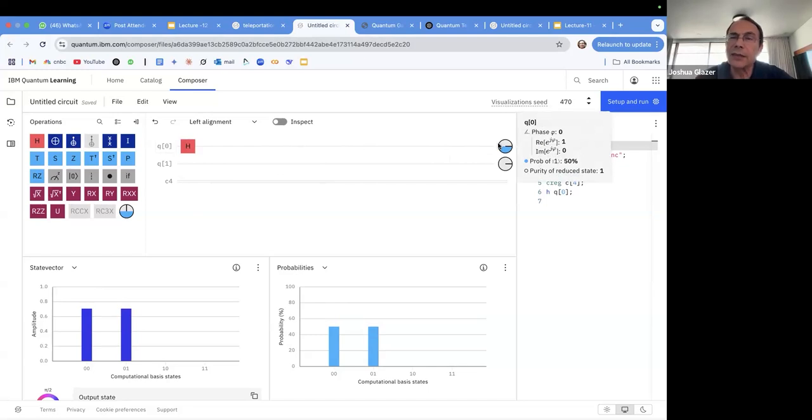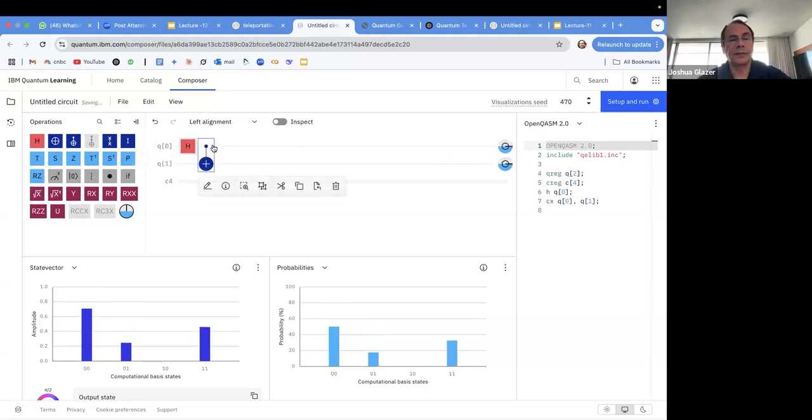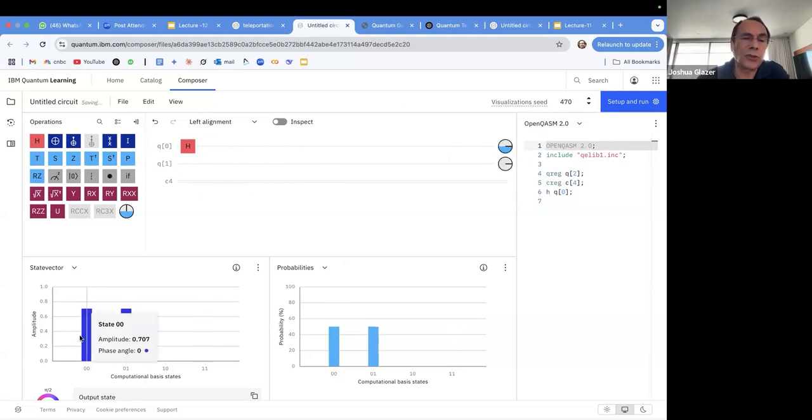But what will happen if I do a controlled NOT on this one? You know, maybe before that, I want you to look at this thing here at the bottom. This one is a combination of 0 and 1, and the one on the bottom is only 0.